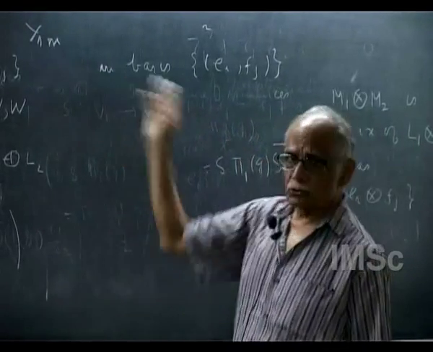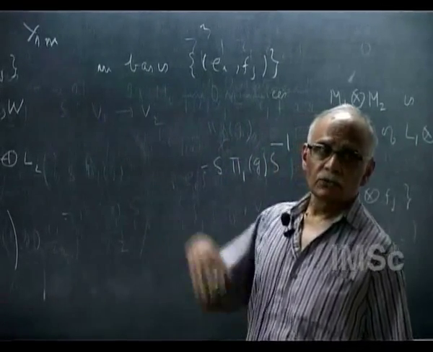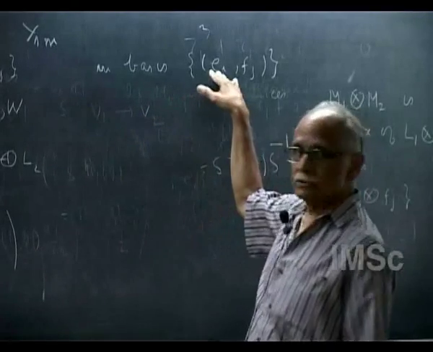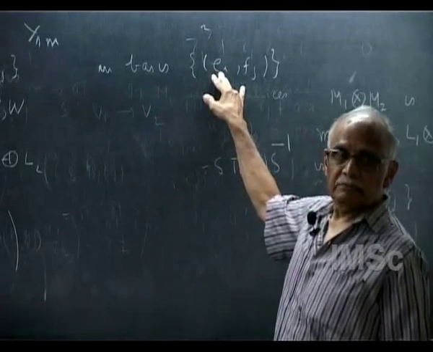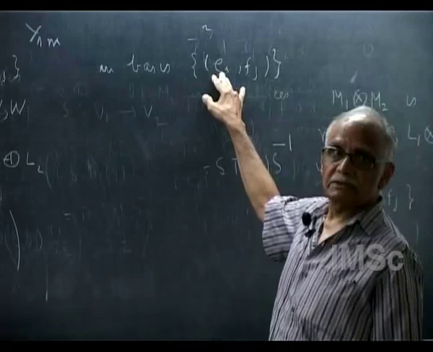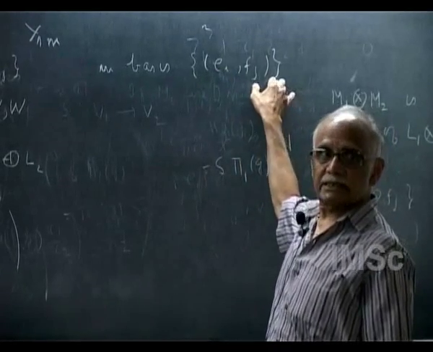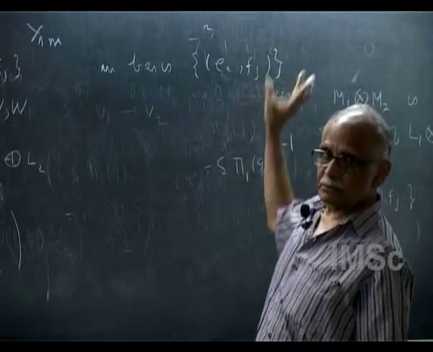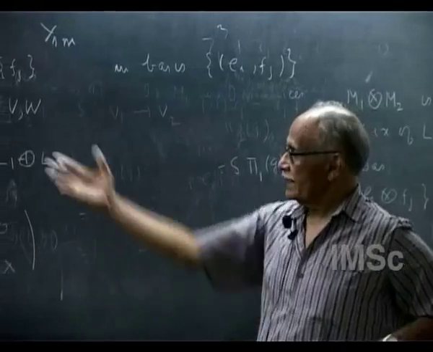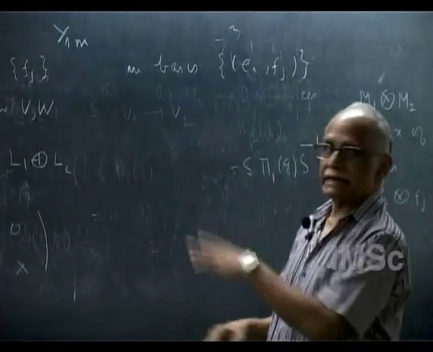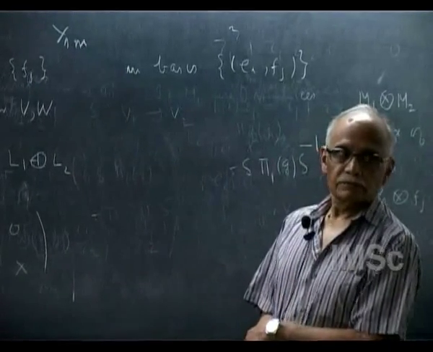So I take the adapted basis: in the first entry I choose the original basis, in the second entry again the original basis, and they provide the basis for the direct sum. Find the matrix of this direct sum operator, it block diagonalizes. It's almost obvious.